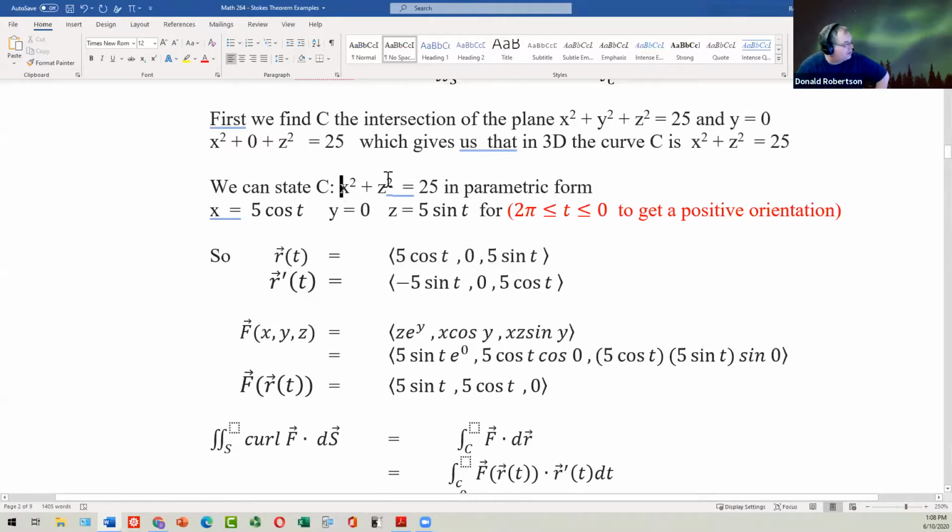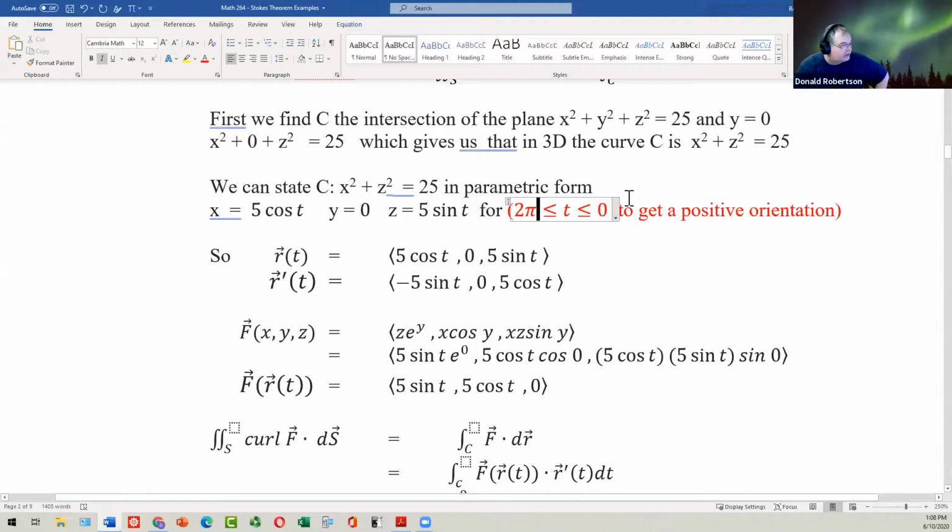If you want to turn this into parametric form so that you can find the line integral, then you have to realize that for a circle, x is 5 cos theta, y is 0, because it was cut at y equals 0, so y is always 0. And z is 5 sin t. That will generate this curve in 3D space. Now, it's x and z this time. That's why this guy's cosine and this guy's sine.